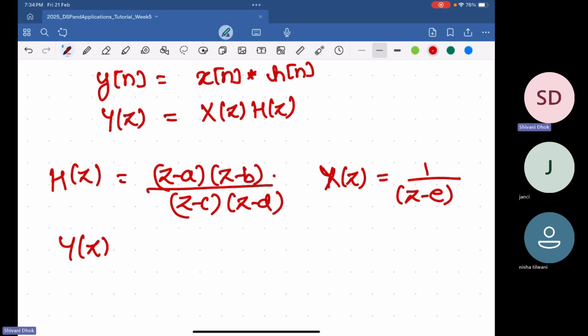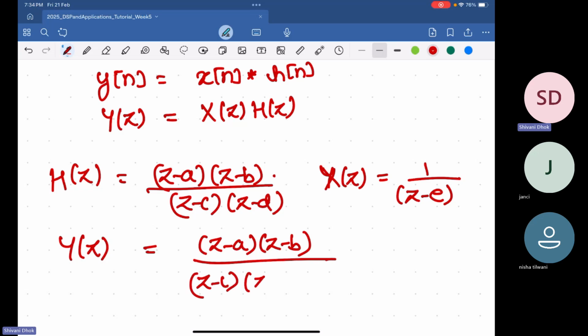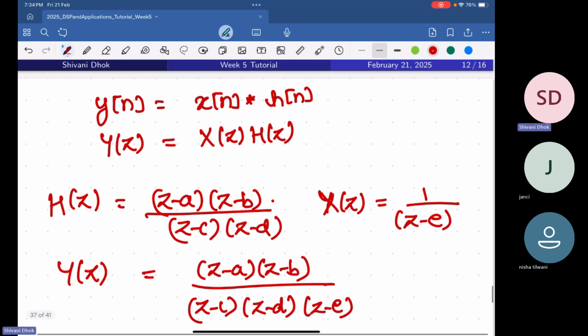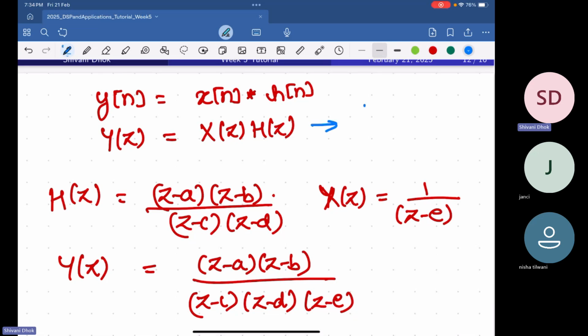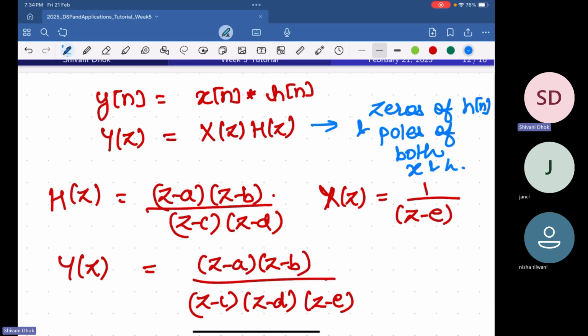So my Y of z will be equal to z minus a into z minus b upon z minus c into z minus d into z minus e. So what is happening here is this will take up zeros of H and poles of both X and H.